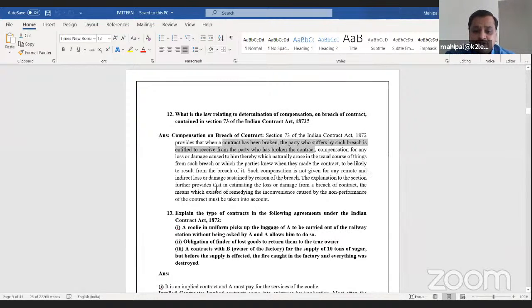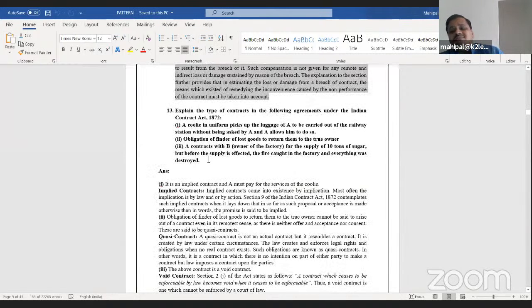The explanation to the section further provides that in estimating the loss or damage from the breach of contract, the means of remedying the inconvenience caused by the non-performance of the contract must be taken into consideration. It will not talk about quantum meruit, neither injunction nor rescission. They have just spoken about one thing, which is compensation, which is nothing but damages. You have got the question wrong. Clear? Great.